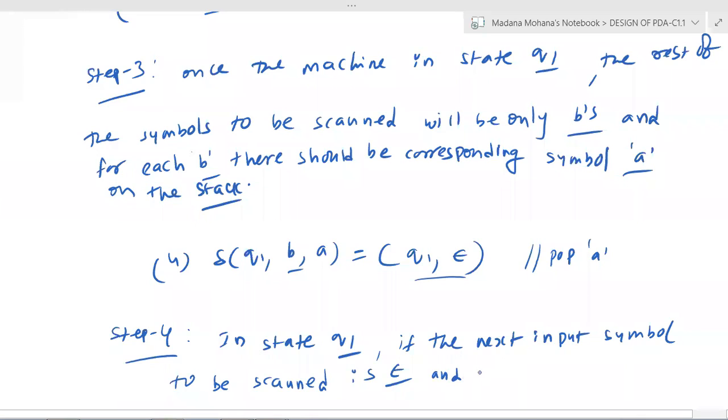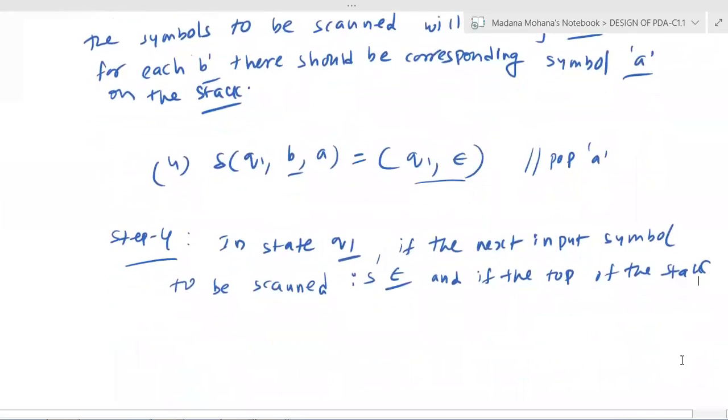And if the top of the stack is, now you erased all symbols from the stack. So what does the stack contain? If all symbols are erased, then the stack contains the initial symbol only. That is what we assumed. Z0 is the initial symbol of the stack. And if the top of the stack is Z0, it means that for each B in the input, there exists a corresponding A on the stack.